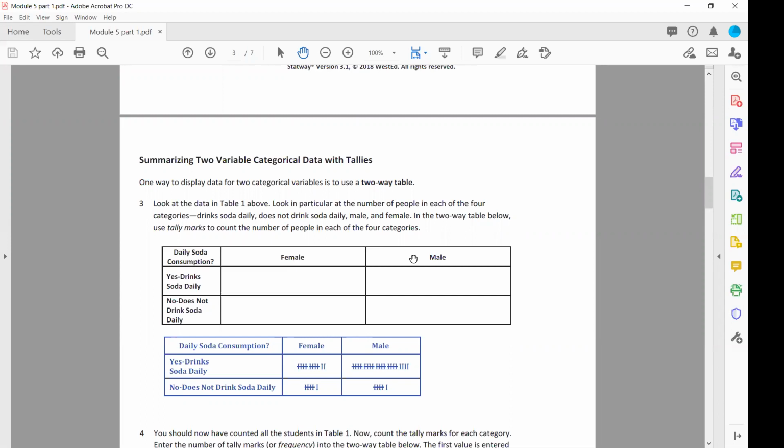Your job as a statistician is to find the number of females who drink soda on a daily basis and the number of females who don't drink soda on a daily basis. You do the exact same thing for the second category, which is male.